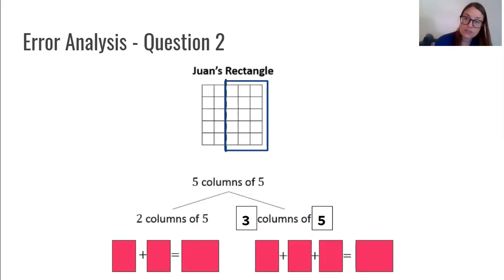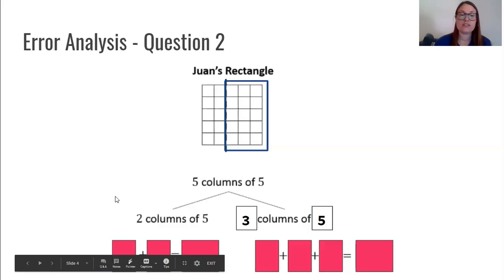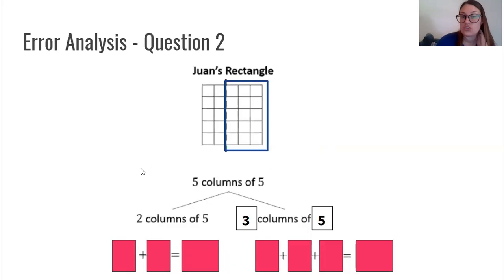We have 2 columns of 5 and we have 3 columns of 5. Down here at the bottom, they want us to look at the repeated addition. So with 2 columns of 5, looking over here, what are we repeating? How many squares are in each column?